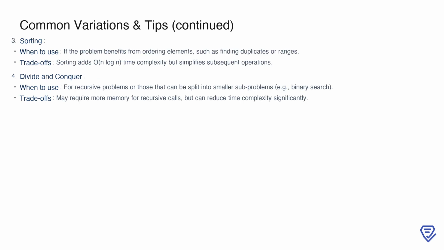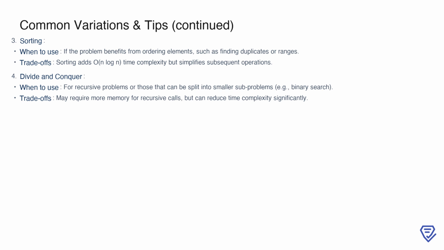Sorting is another versatile approach to consider. It's especially useful when the problem involves ordering elements, such as finding duplicates or ranges. While sorting adds O(n log n) time complexity, it can make subsequent operations much simpler. Another powerful technique is divide and conquer. This is well suited for recursive problems or those that can be broken down into smaller subproblems, such as binary search.